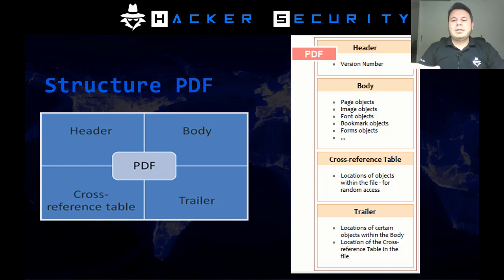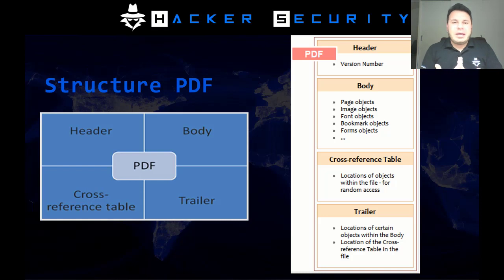You have the body, and inside this body you have many references. You have the cross-reference table here, and you can read here the location of objects within the file for random access.